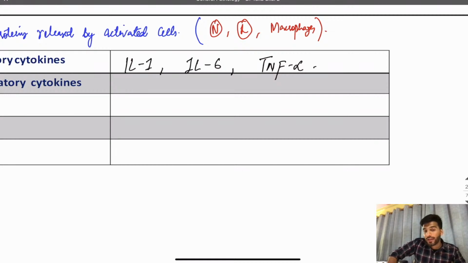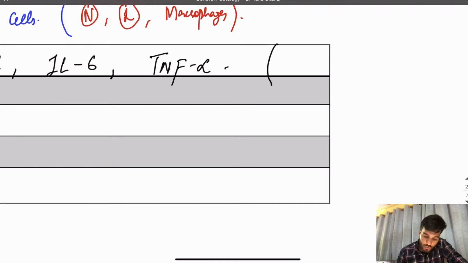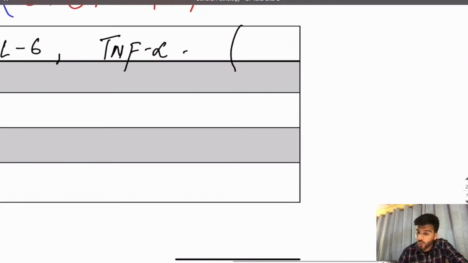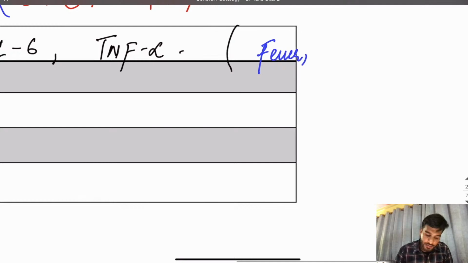There I told you that this TNF is a cytokine. Now what is the function? Due to these cytokines, interleukin 1 will cause pyrexia, fever. And I've already discussed that interleukin 1 is activated with the help of caspase 1, and the drug that will inhibit interleukin 1 is called anakinra. So fever, interleukin 6, malaise.